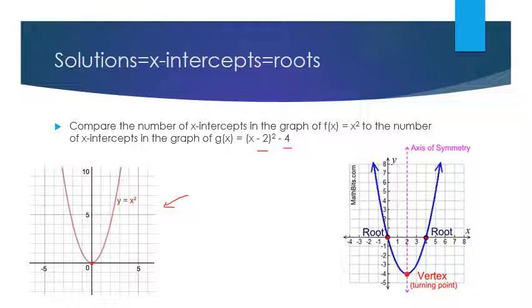So if you have a question that says, compare the number of solutions or the number of x-intercepts or the number of roots between y equals x squared and another type of formula, you should be able to tell how many roots or how many times it crosses the x-axis. Remember, it can never be more than 2. It could be 1. But let's say that our graph moved up and the vertex was up here above the x-axis and the graph existed someplace up here, it would have no solutions whatsoever, or no real solutions.